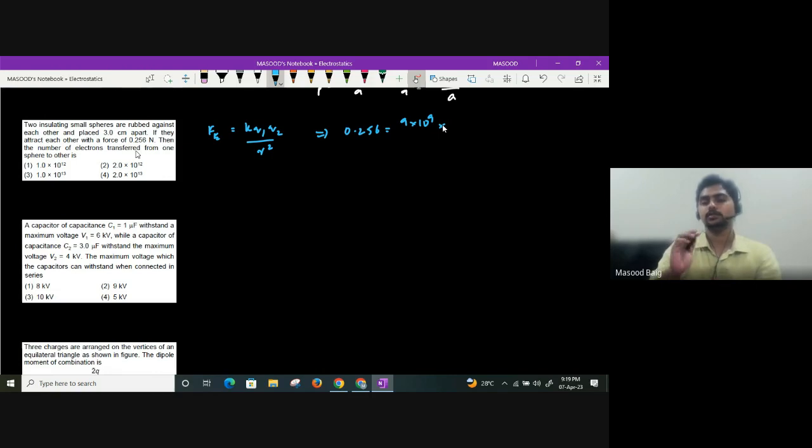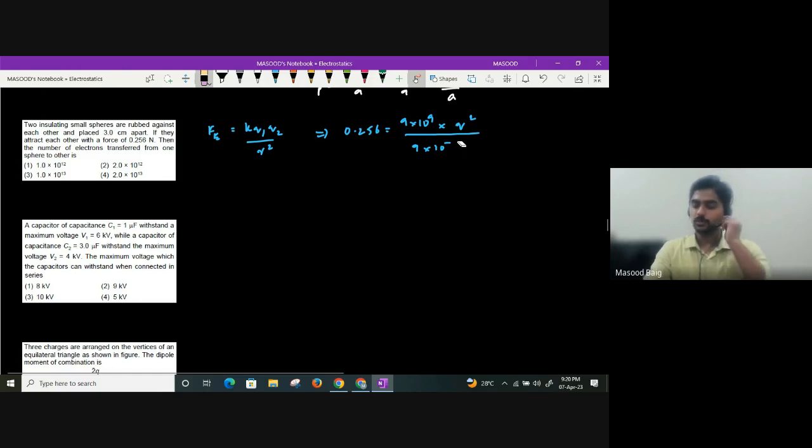Let us say they have the same charges, guys. So q square divided by r square. What is the r value? 3 centimeters is given. So r square, centimeter square, means 10 power minus 4 you will get.